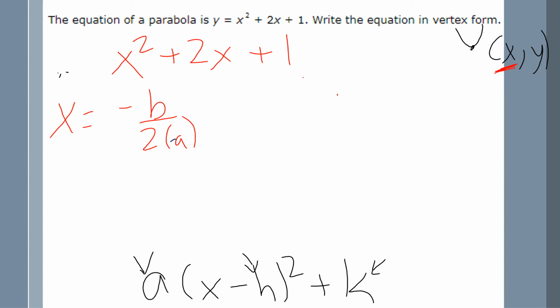Now also, going back to x over here, in this case, it becomes h. So you don't use this no more. It becomes h. All right.